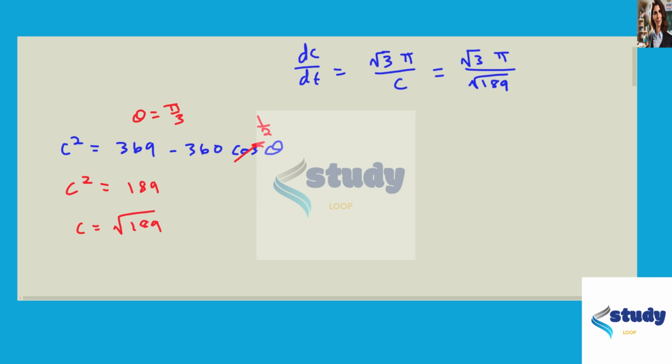And the units with this should be, so the units for our side were in meters, and time was in minutes. So this would be meters per minute, and then let's just go ahead and plug all these in and see what we get, so we can get an estimation of it. So root 3 times pi, and then all over root 189.